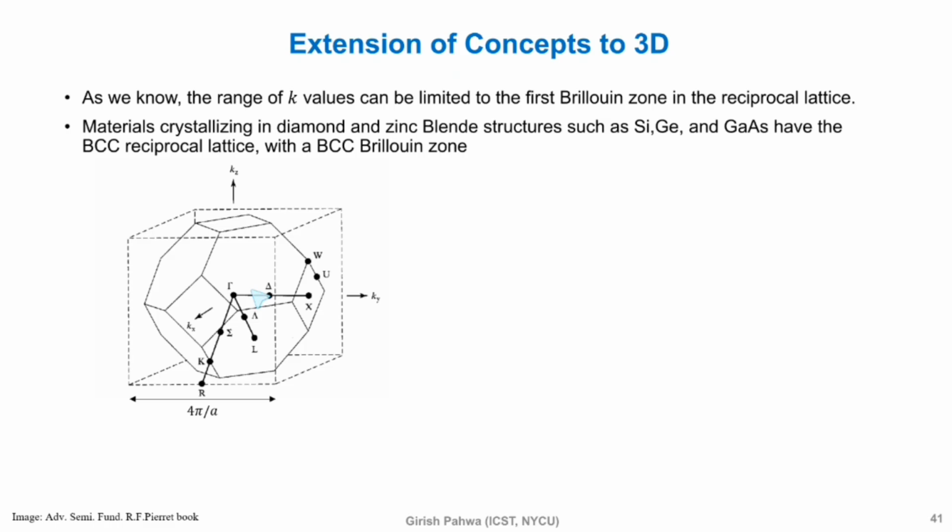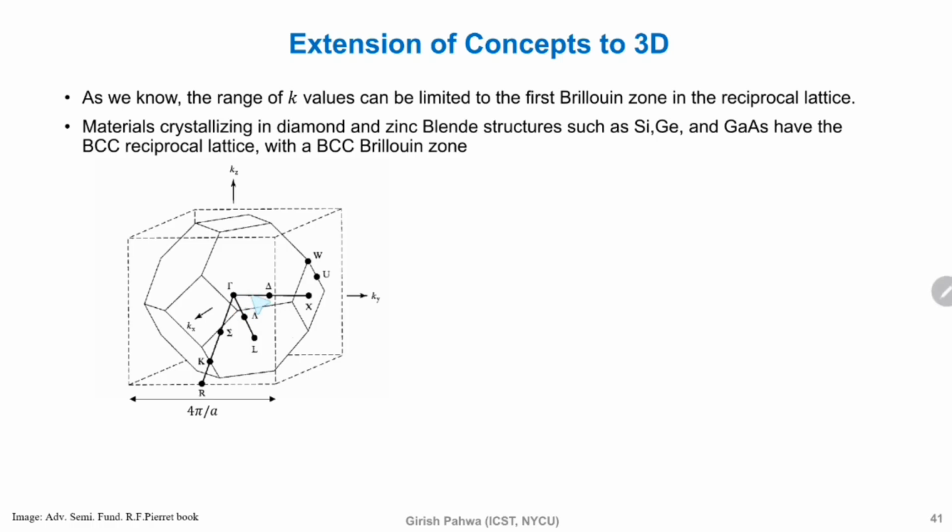So these high symmetry directions are important because along these directions there will be a point k for which you will have either energy maximum or minimum. So the extrema points occur along these high symmetry directions usually, at least for silicon, germanium, gallium arsenide. So these directions are important because along these directions you can have these maximum or minimum energy points.